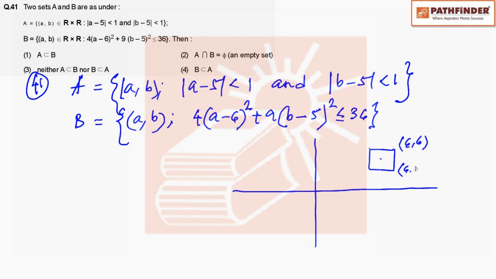It is 6, 4. It will be 4, 4 and it will be 4, 6.